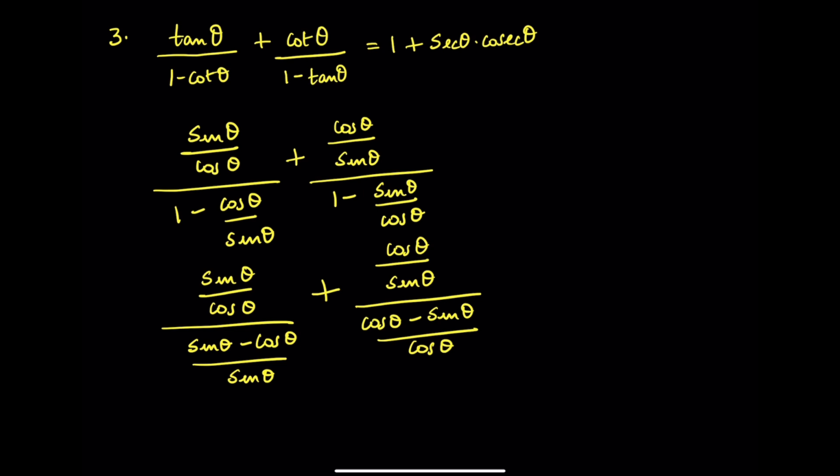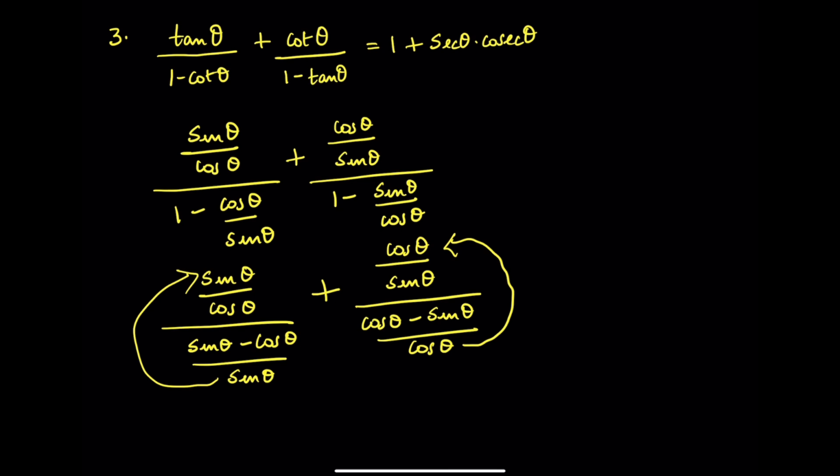Now what we can do is we can rearrange this to have a single layer of denominator and numerators. So when the denominator moves above the line, it becomes sine square theta, and same applies here as well. So the denominator multiplies with the numerator here, and it becomes cos square theta.